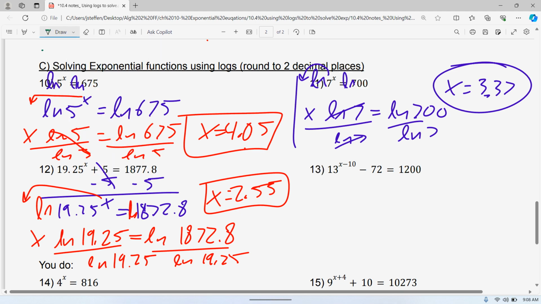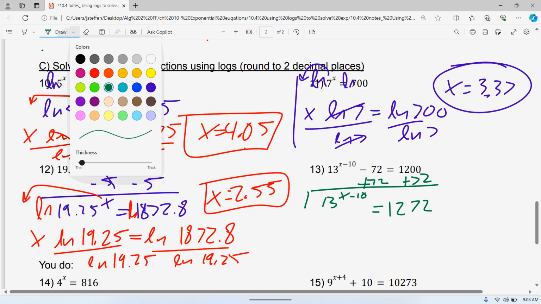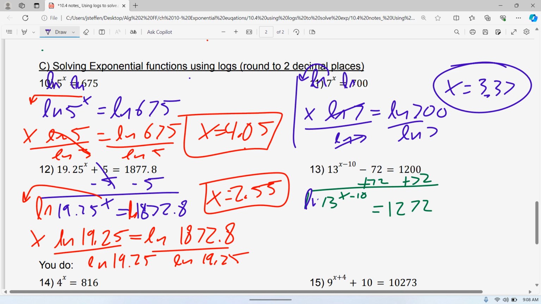The next one even is a little bit longer. I add 72 to both sides. 13 raised to the x minus 10 is equal to 1,272. Now, I know there's an x minus 10. Don't make that anything crazy. Still stick with the same script. Take the natural log of both sides.